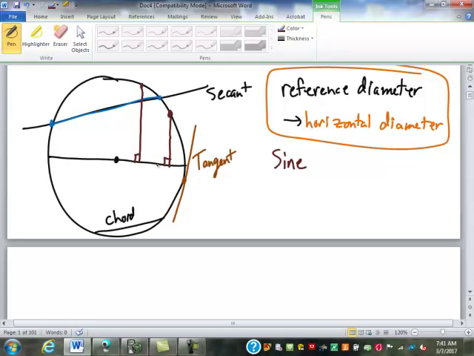The length of the sine is an important value. That is one of our trig functions. But any point on the circle to that reference diameter at a perpendicular is the sine itself.